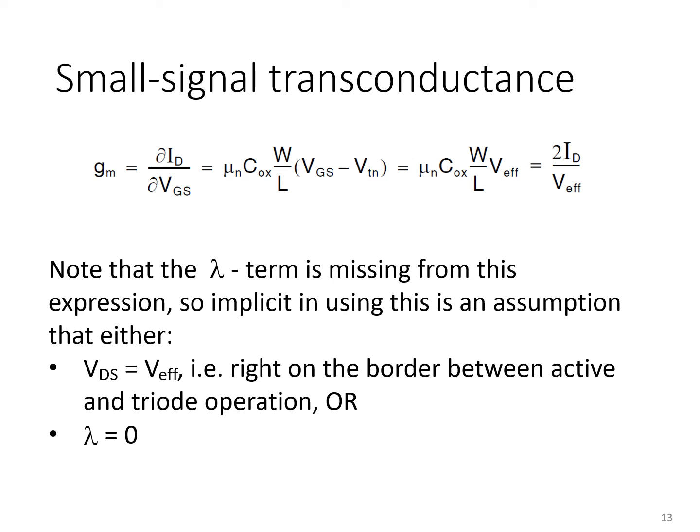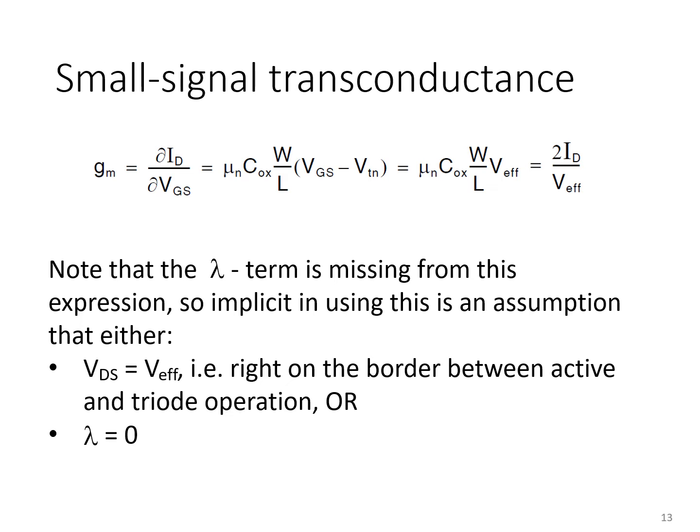You'll see here we're saying that the transconductance GM of the MOSFET is proportional to its bias current and inversely proportional to its effective overdrive voltage. You'll notice that the lambda term that captures the dependence on VDS is missing from this expression altogether.